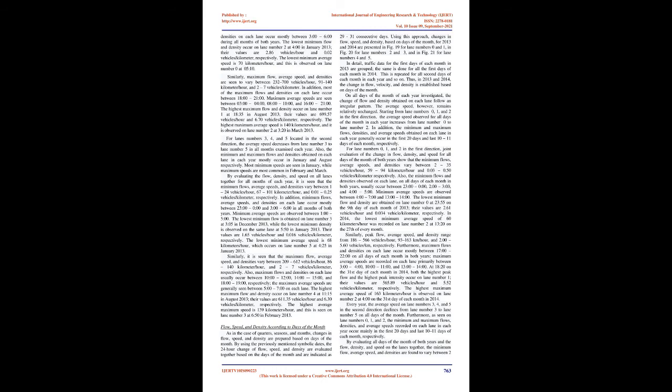Also, the minimum flows and densities observed on each lane, on all days of each month in both years, usually occur between 2300 hours–midnight, 2 o'clock–3 o'clock, and 4 o'clock–5 o'clock. Minimum average speeds are observed between 4 o'clock–7 o'clock and 1300 hours–1400 hours. The lowest minimum flow and density are obtained on lane number 0 at 23:55 on the 9th day of each month of 2013, their values are 2.61 vehicles/hour and 0.034 vehicles/kilometer, respectively.